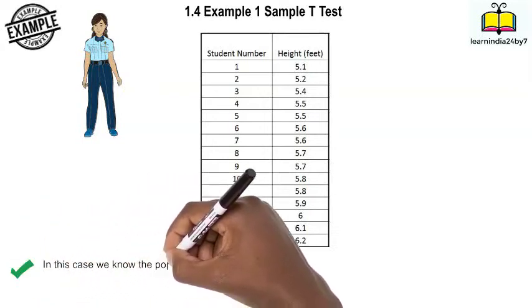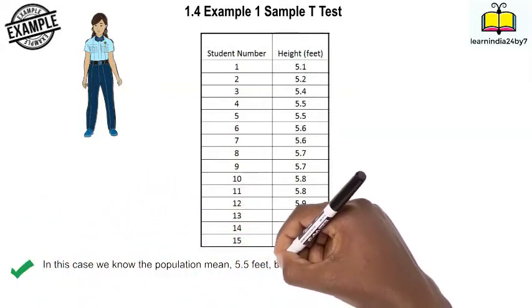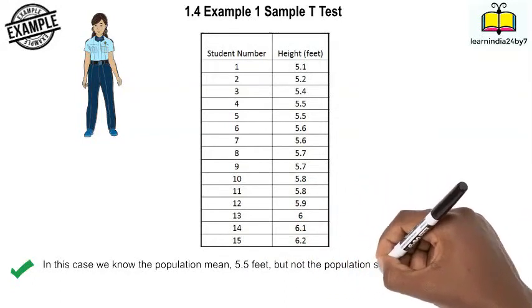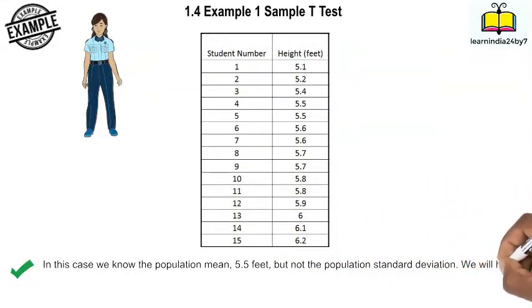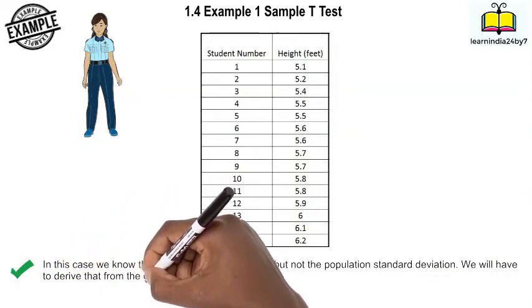So in this case, we know the population mean as 5.5 feet, but not the population standard deviation. We will have to derive the population standard deviation from the given data.